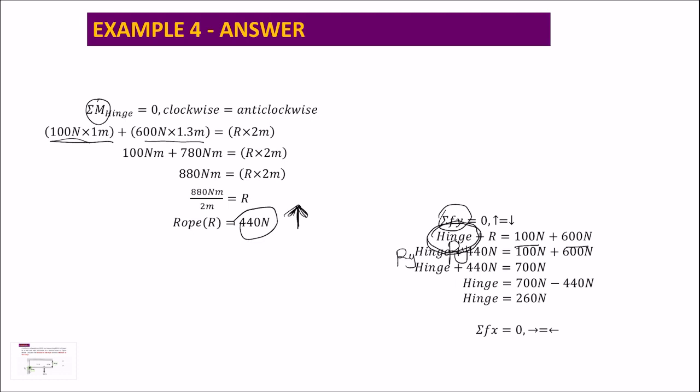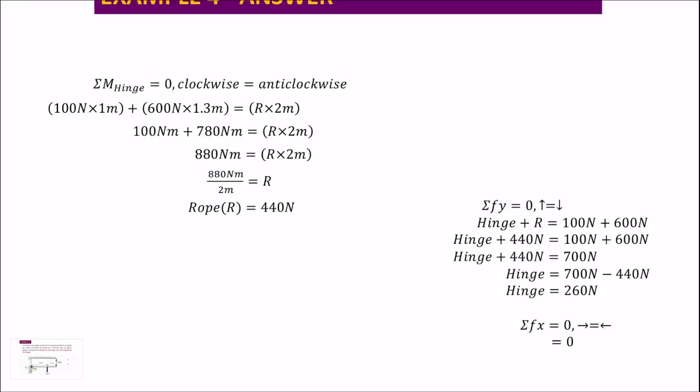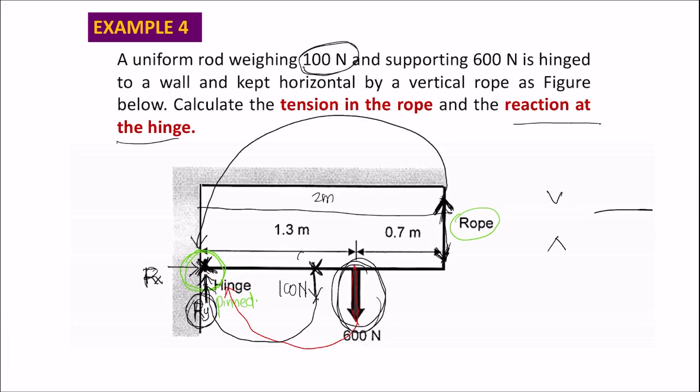Okay, so total force horizontal, X is equal to 0. So any forces to the right will be equal to the forces to the left. So in this case, we don't see anything on the right or the left. Semua force tu vertical.